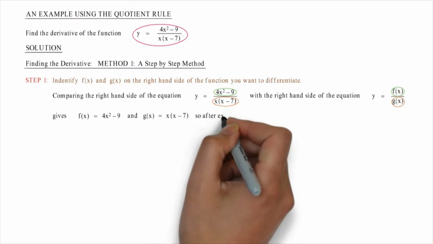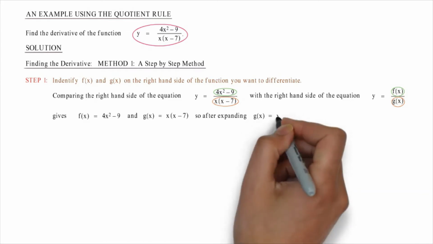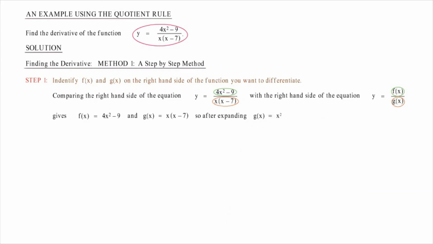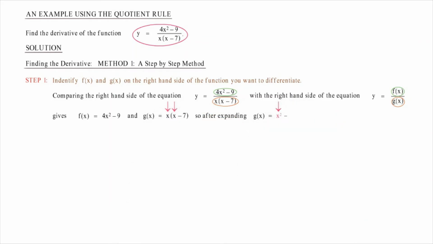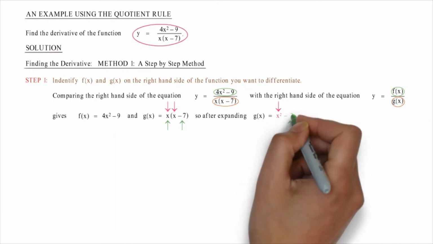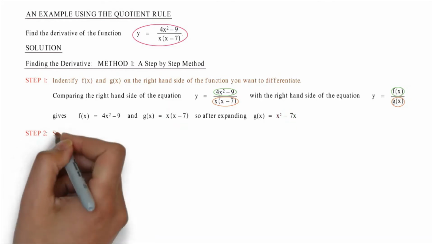So after expanding, g(x) equals x squared minus 7x, because x times x is x squared and x times minus 7 is minus 7x.